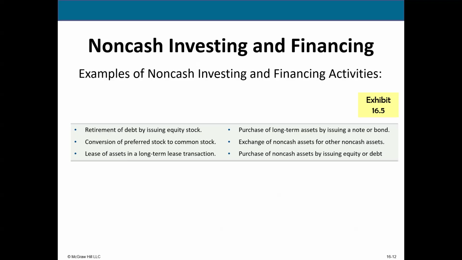Purchase of a non cash asset by using equity or debt. Company purchases a piece of land, but instead of paying cash for that, they 100% finance it through a loan or they issue stock for it. Right? So these are examples of non cash investing and financing activities.